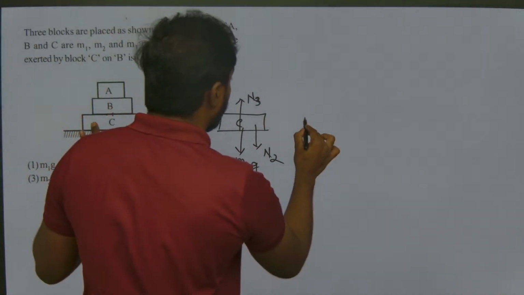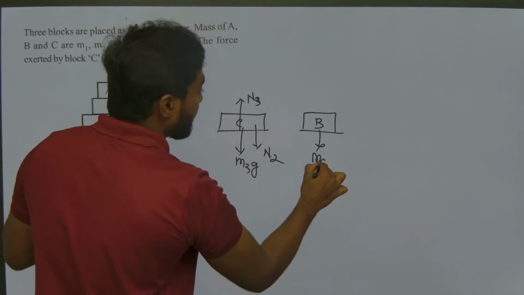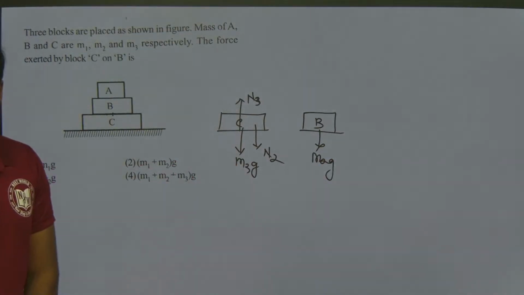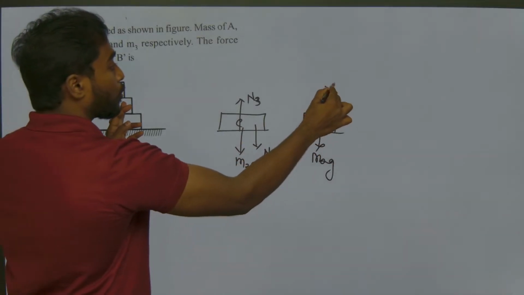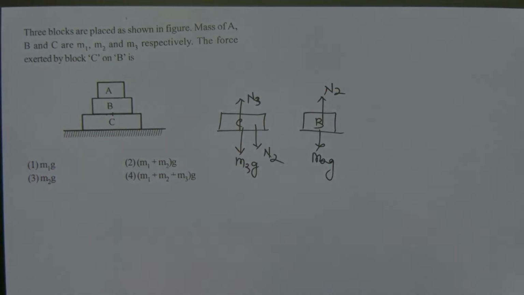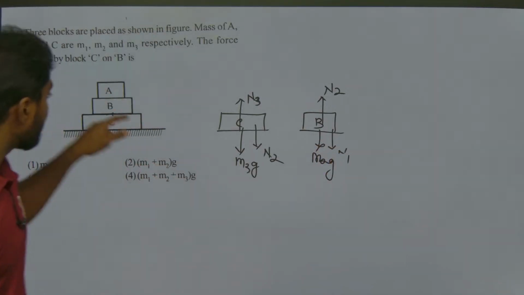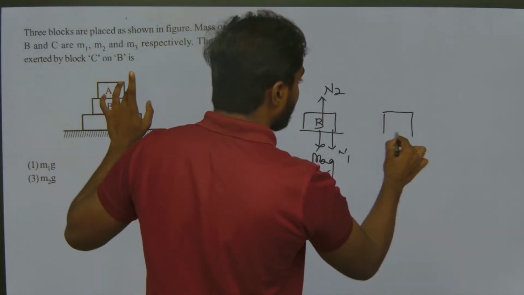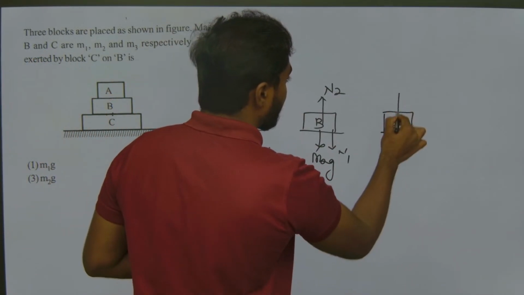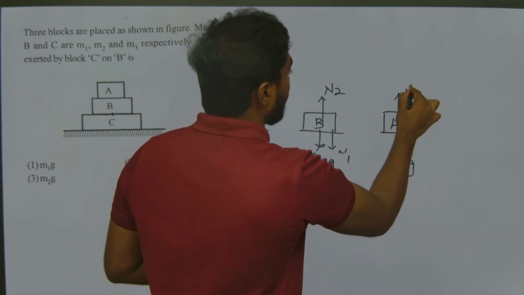Now if I go for block B, m2g is there, and n2 will be towards up. What about one more normal force towards down? n1 because of A. What about A? Only one normal force will be there, one weight will be there, m1g and n1. That's it.